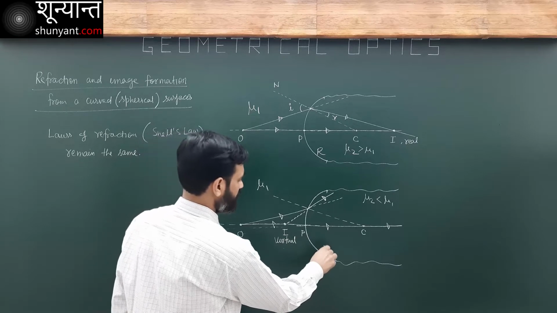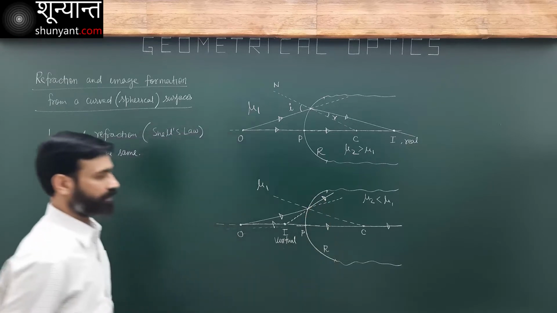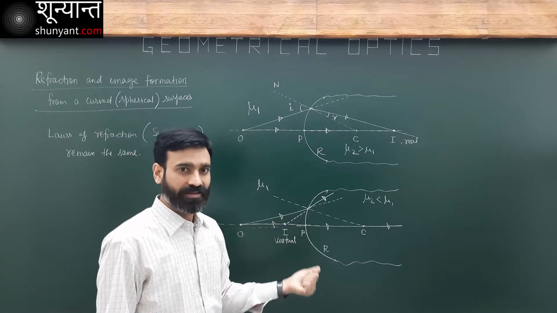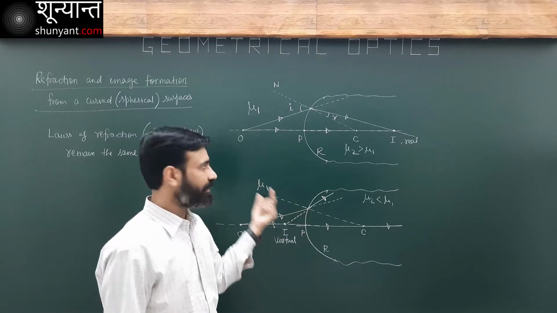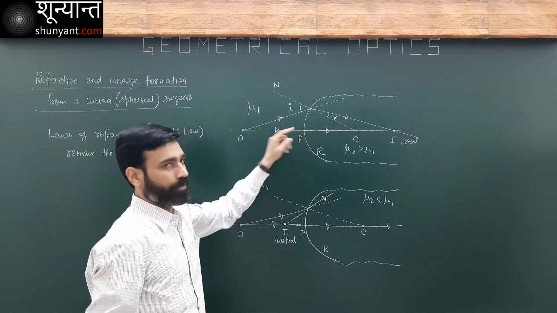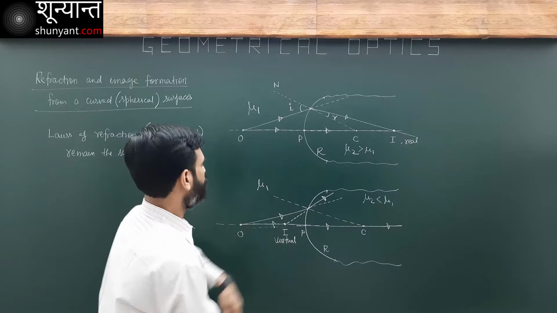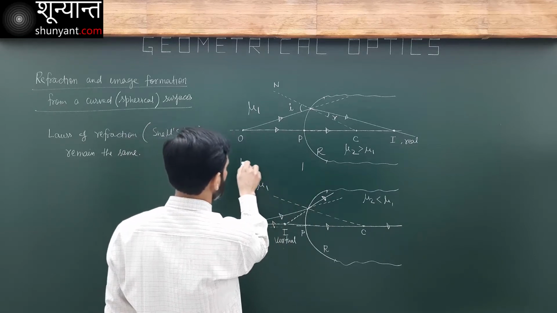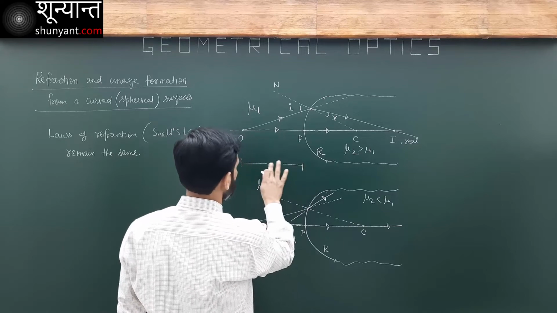Now, the radius of the surface is r, let's say. Where will the image be? What is the exact location? So we have a relation relating all the given quantities. All the distances I measure from the pole. From the pole, this is the object distance, equal to u.